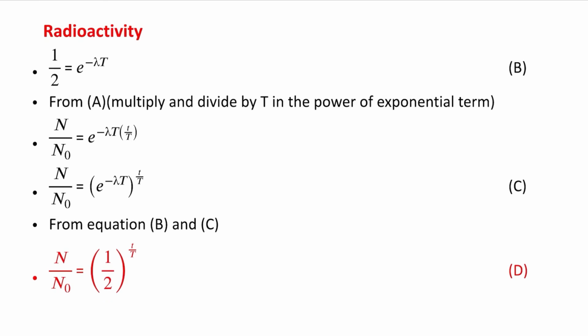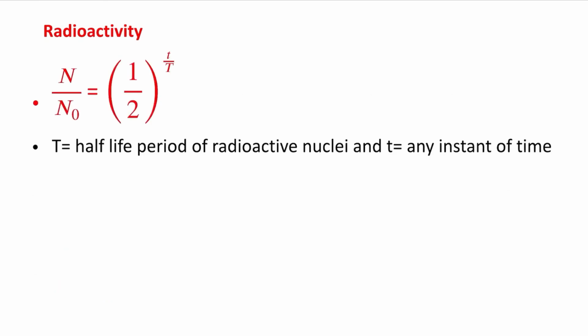Now compare equations B and C, and we can substitute e raised to the power minus lambda into capital T is equal to 1 by 2 from equation B into equation C. So my new equation obtained is N upon N0 is equal to 1 by 2 raised to the power small t upon capital T. Just remember here, small t is any present instant of time, and capital T in this case is the half-life period of the radioactive nuclei.